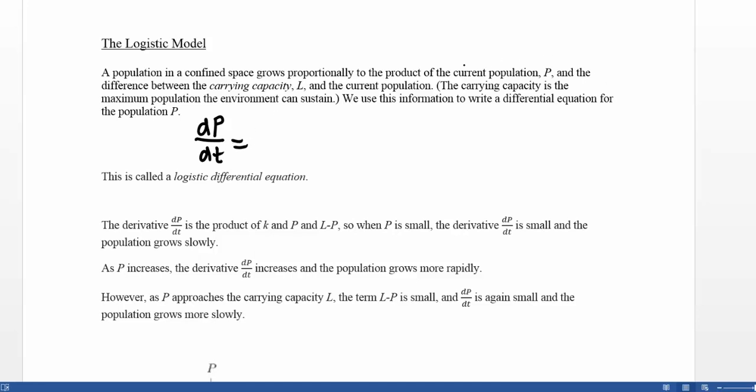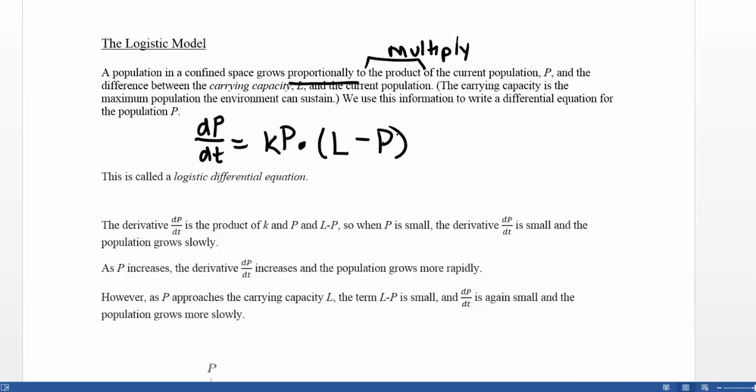And what this says is that it's proportional. So we're going to have a k times the product. So that means we're going to be multiplying two things, right? Product means multiplication of the current population P and the difference between the carrying capacity and the current population.